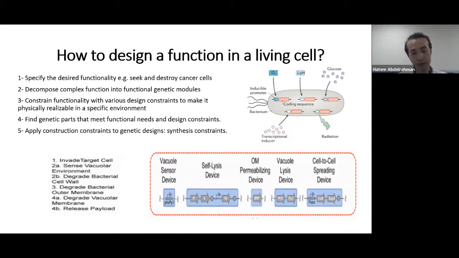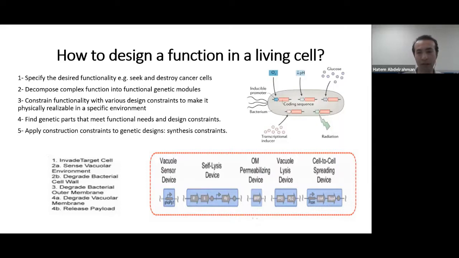So in this case, you are breaking down your complex design process into simpler design cases. You do some sort of top-down decomposition, and you constrain your functionality. For example, you want a bacteria that invades cancer cells, so you need motile bacteria.